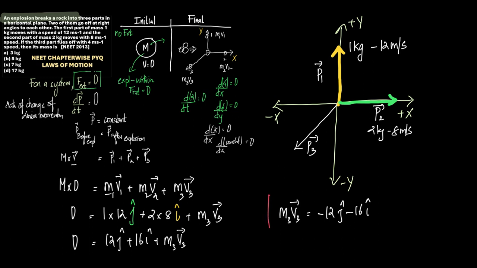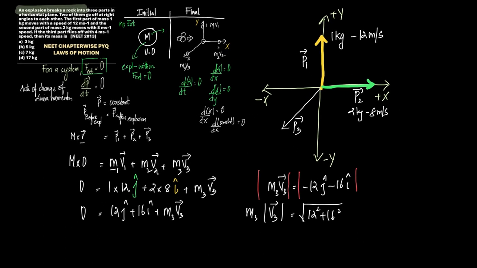Now I'll take magnitude on both sides. So what do we get? This would become m3 into magnitude of vector v3, which is equal to magnitude of minus 12 j minus 16 i, which is equal to root of 12 square plus 16 square.